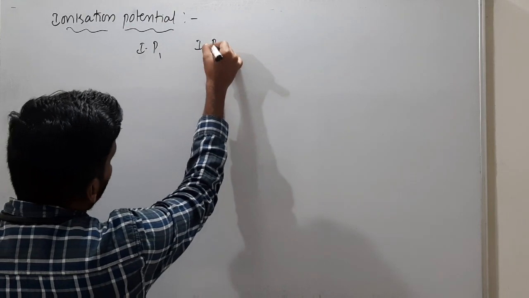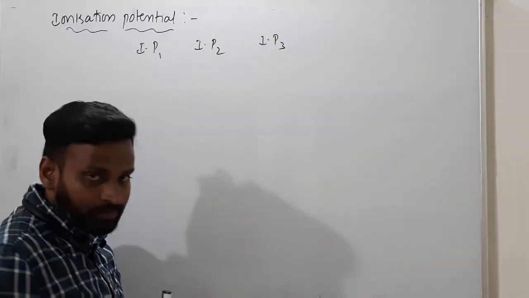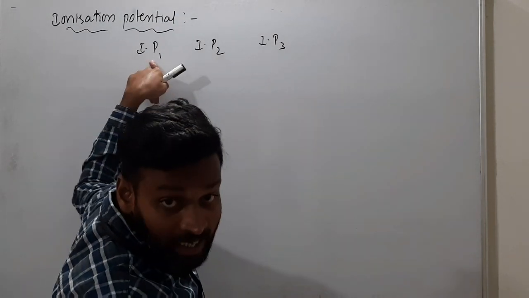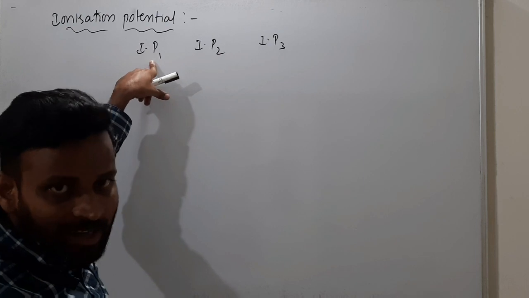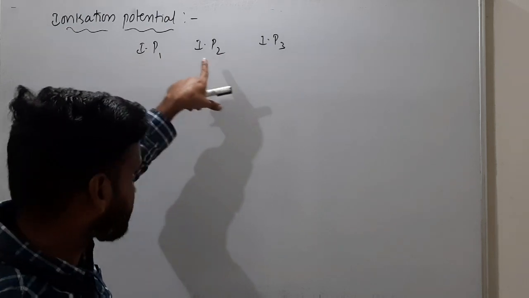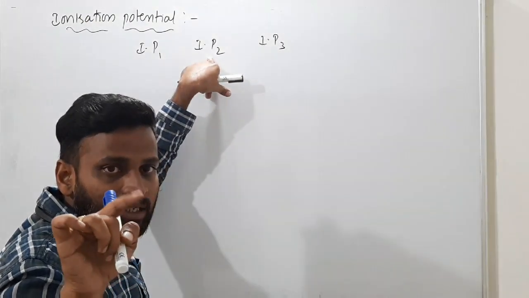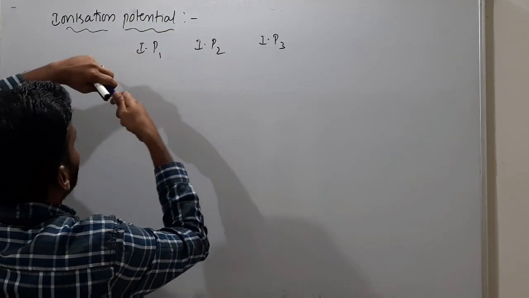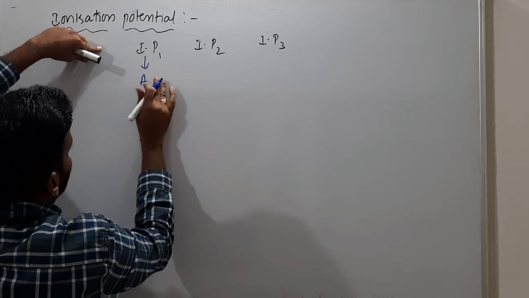IP1, IP2 and IP3 were given. From a neutral atom, if you want to remove an electron, the energy required is called IP1. From a unipositive ion, means from A, you are removing an electron.